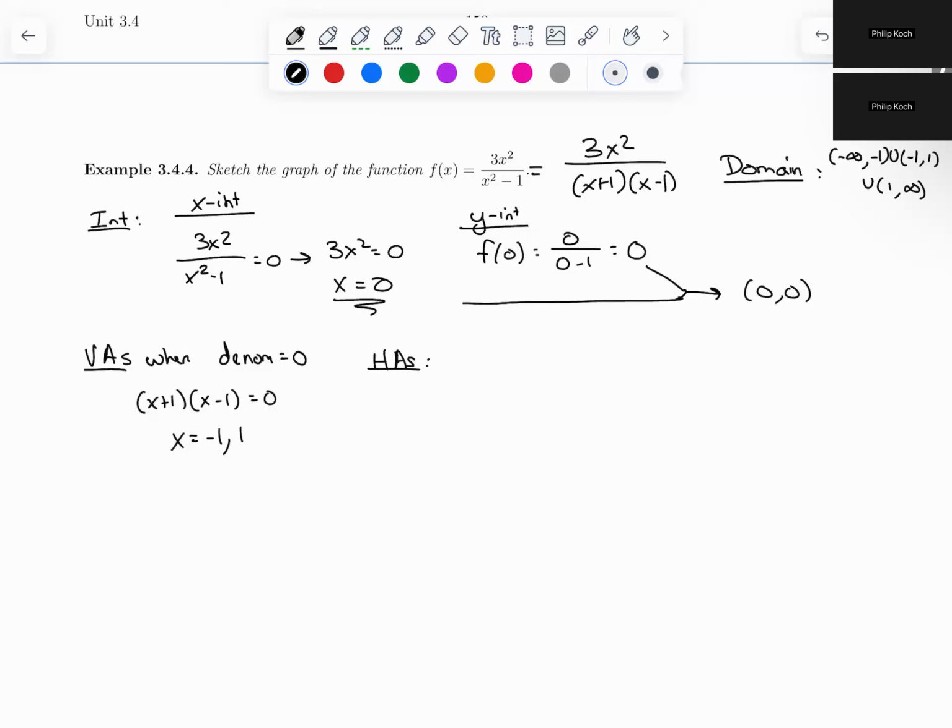And do you remember how we do that? If we're doing a limit at infinity, we look at the highest degree terms. So this would be equal to the limit as x approaches positive infinity of 3x squared over x squared. The x squareds cancel, and it equals 3. So we have an HA at y equals 3.